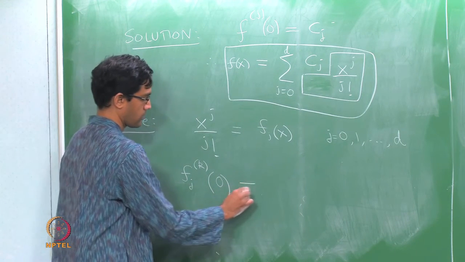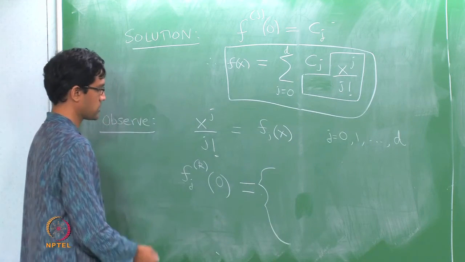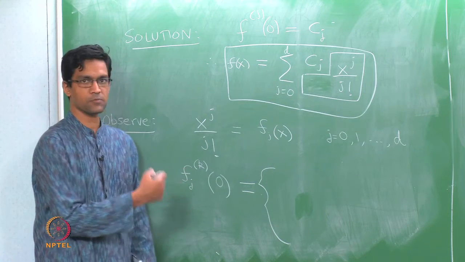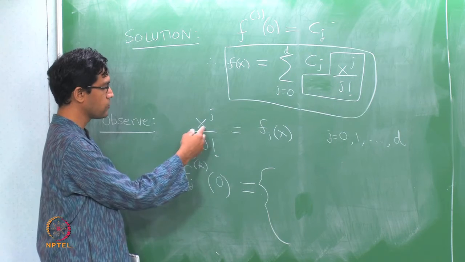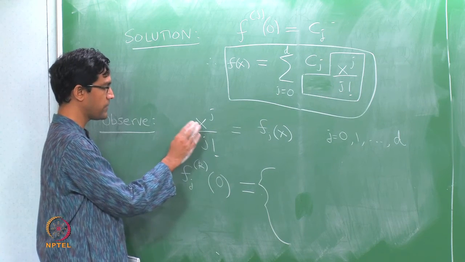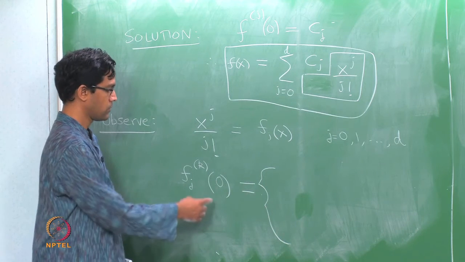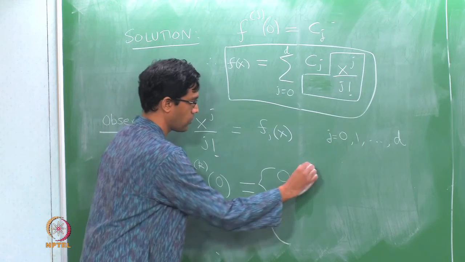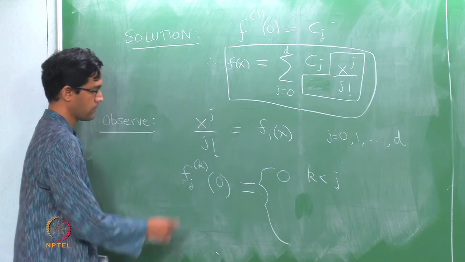Observe what happens. If k is strictly smaller than j, then taking k derivatives will give you some constant in front, but there will be some power of x left over, which when you evaluate at x equal to 0 will give you a 0.